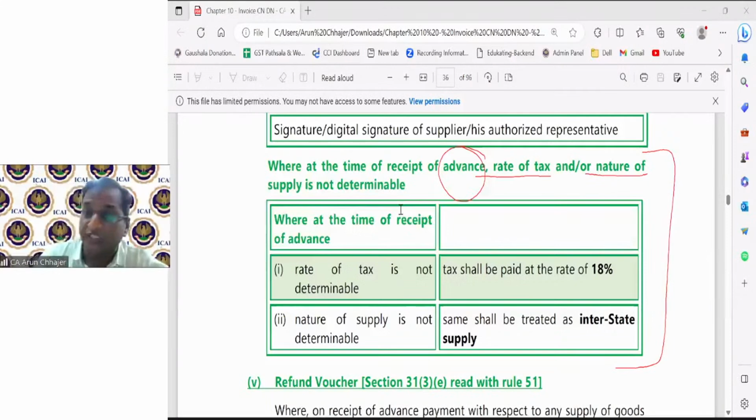If in any situation the tax rate and the nature of the supply are not determinable, in that case you will assume the rate as 18% and the supply as interstate. Because in case of advance for supply of service, I need to pay GST on the advance. So what rate will I pay, which tax will I pay? I will pay IGST and I will pay 18%.